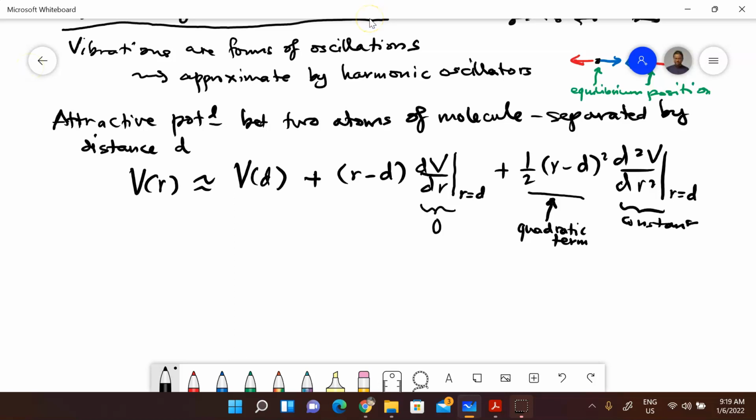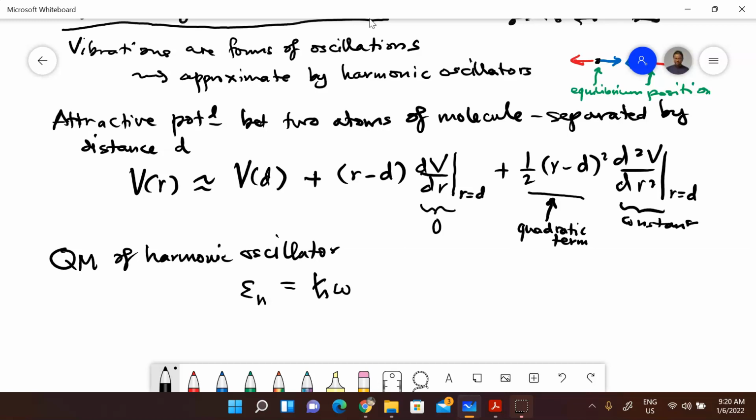And when you do, for example, QM of harmonic oscillator, I hope you have done that. Okay, one has these energy levels epsilon_n given by h bar omega. Omega will be the natural frequency of the oscillation. Okay, usually it can be expressed in some physical terms, and then you have these levels of energy given by this integer n.